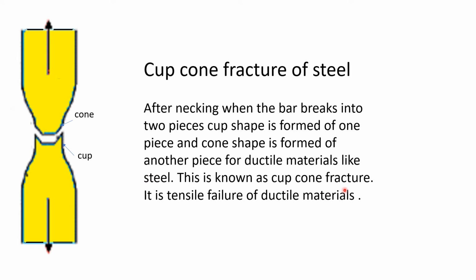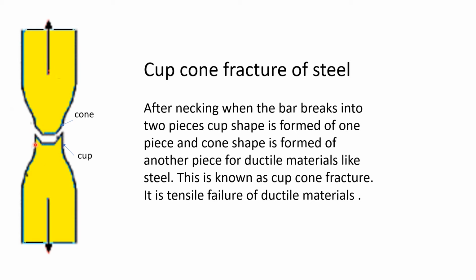This is known as cup cone fracture. This is the tensile failure of ductile material. So when the steel breaks into two pieces, on one piece such a cone shape is formed, and on the other piece such a cup shape is formed.